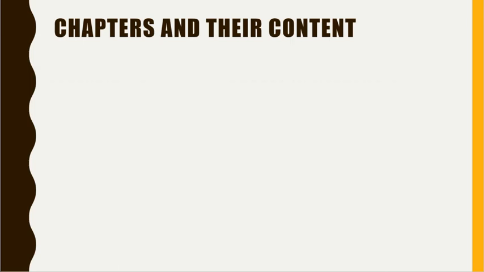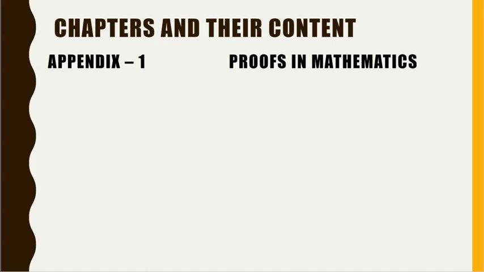Appendix number 1 is proofs in mathematics. Why do you require proofs in mathematics? Children, out of 15 chapters, 7 chapters are from the geometry unit. So there you are going to do proofs of so many geometrical statements.